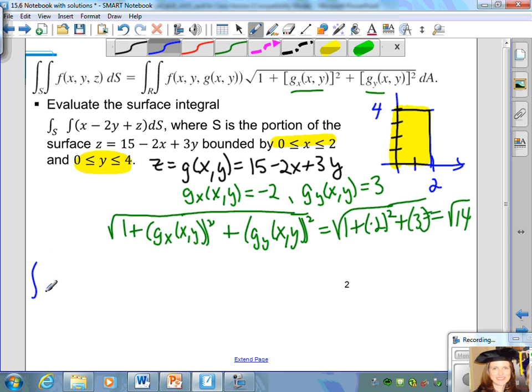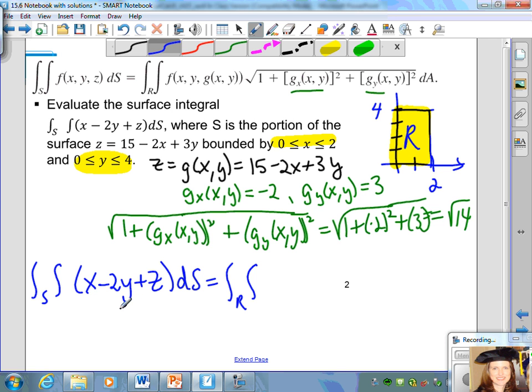Alright, so this surface integral of x minus 2y plus z, dS, can be written as a double integral over R, where this is your region, and you're going to replace any z in the equation with what z equals on the surface. So it's going to be x minus 2y plus, I'm going to replace the z with 15 minus 2x plus 3y, all of that dS.